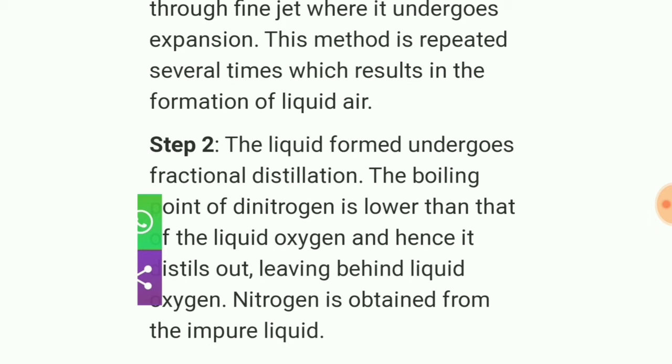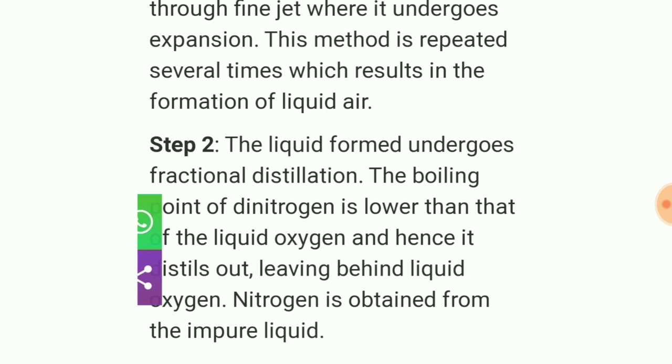The second step: the liquid air which is formed in the first step undergoes fractional distillation. The boiling point of dinitrogen is lower than that of liquid oxygen, and hence it distils out, leaving behind liquid oxygen.